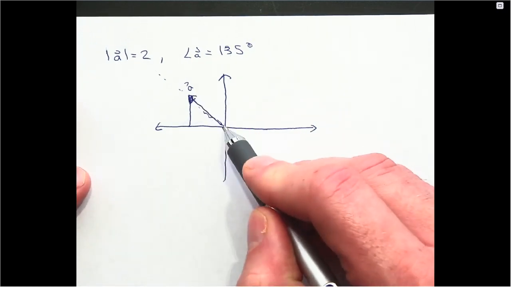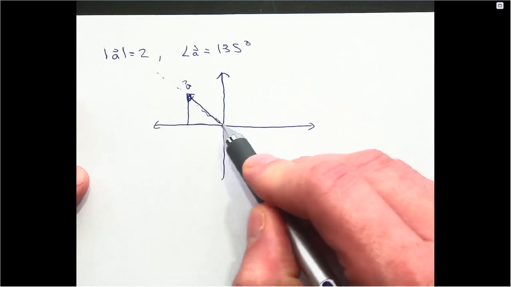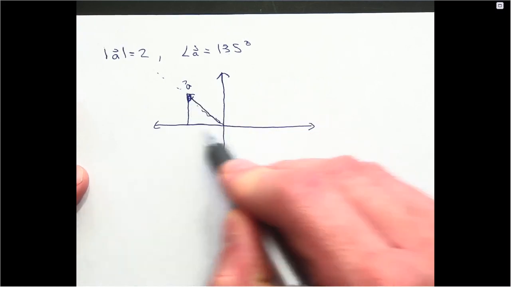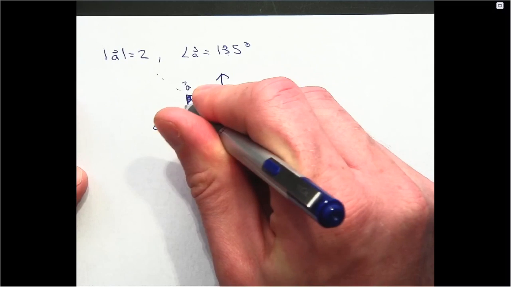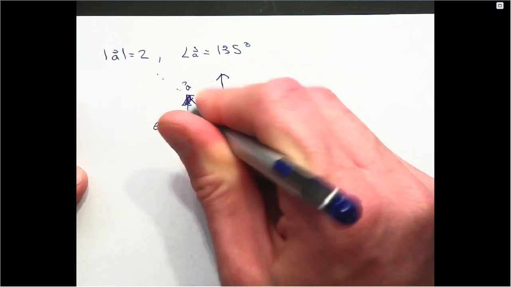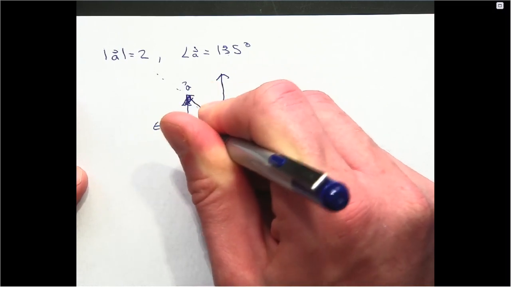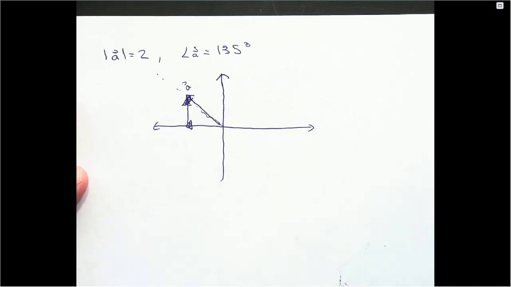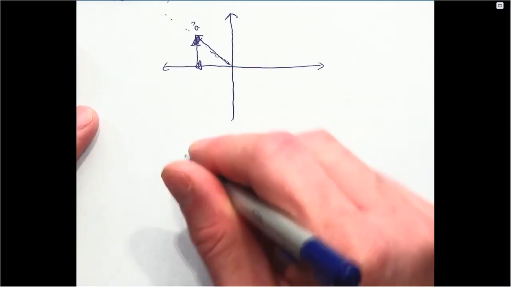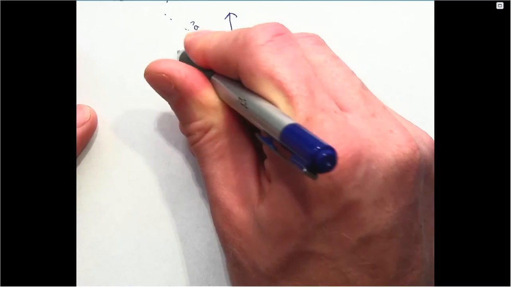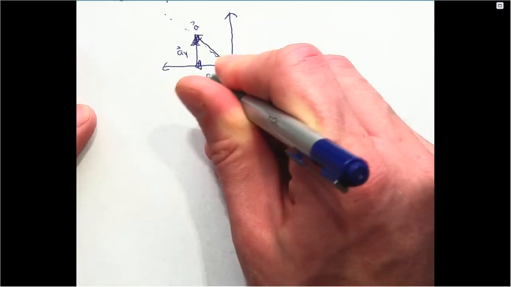So how could I get a vector that looks like A? Well, I need to go to the left and then I need to go up. So I'm just going to draw little heads on these vectors, and it's going to be hard to see. I'm sorry about that. Maybe you can take it out of the coordinate system and zoom it up, but you could call this vector AY and you could call this vector AX.